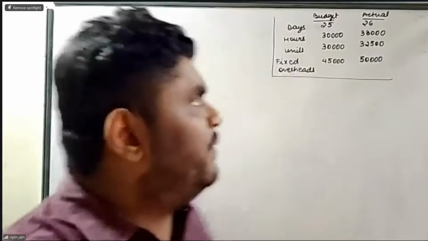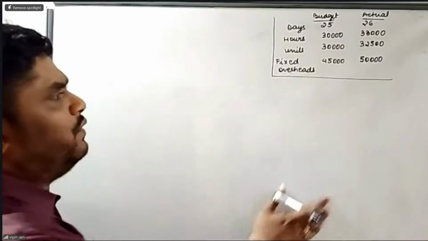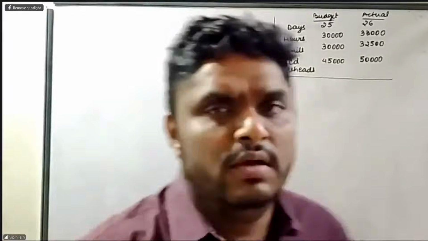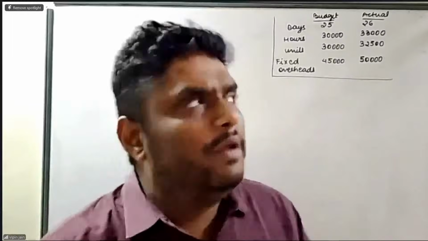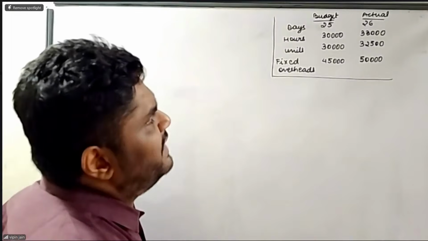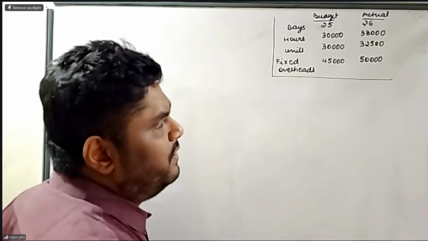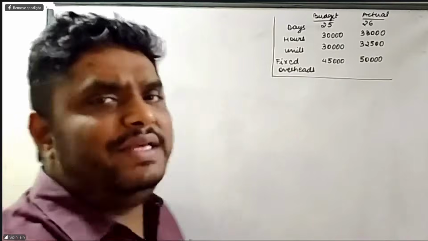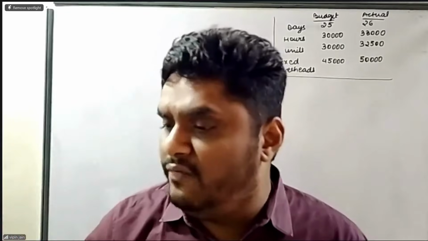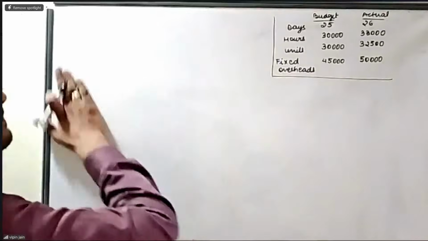So this much information will be given in most of the cases when the question will ask you to calculate fixed overhead variances. So this is the question wherein the budgeted data is given, actual data is given, budgeted days, actual days, hours are given, units are given, and fixed overheads are given. The question will ask you to calculate all the fixed overhead variances. So let's start with fixed overhead variances.